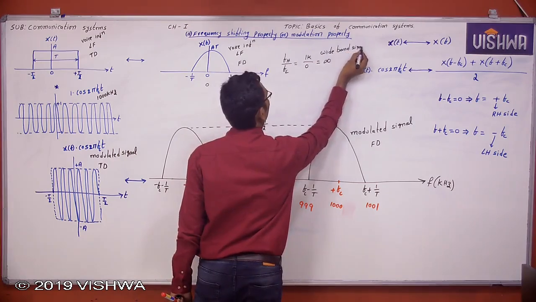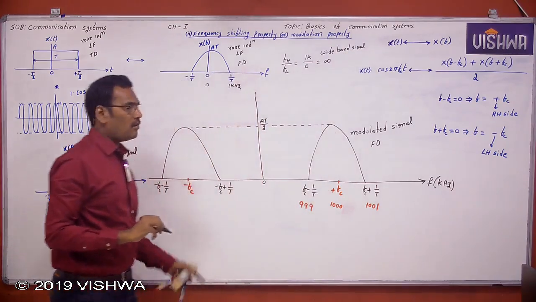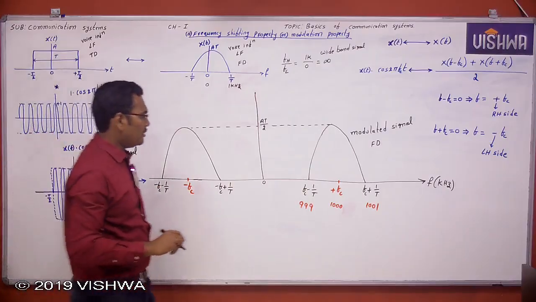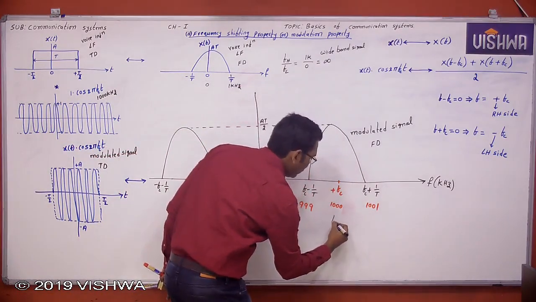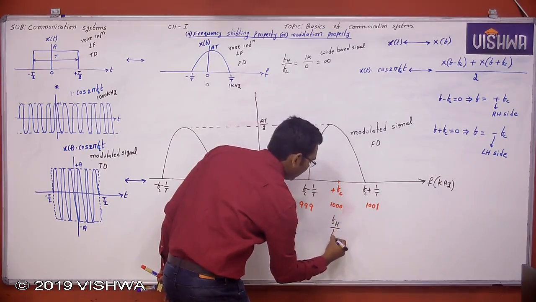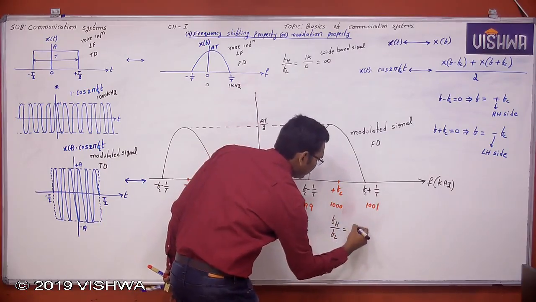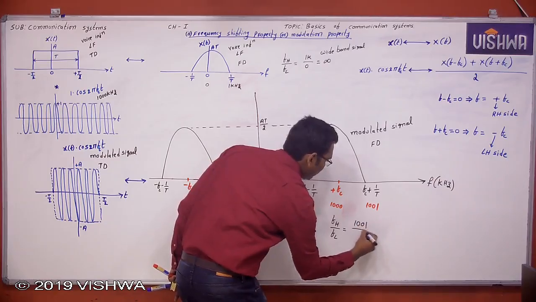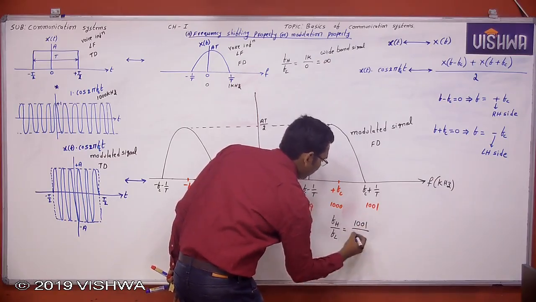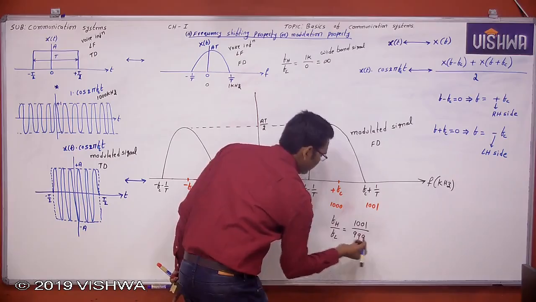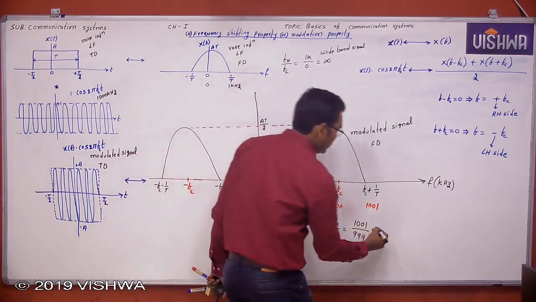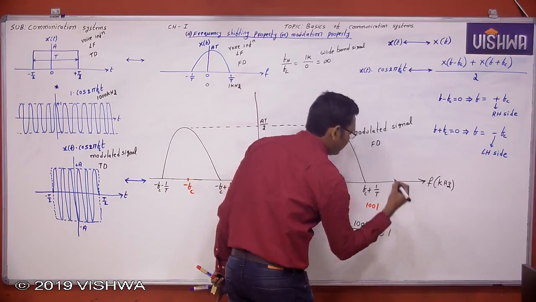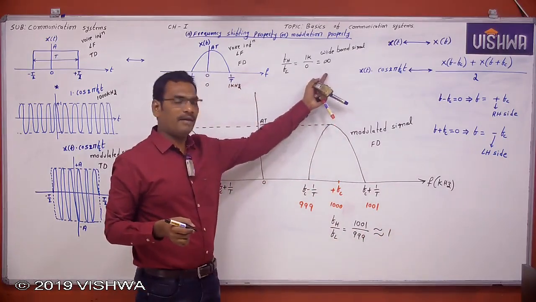Now after modulation, what is FH by FL? FH is 1001, FL is 999, so it is 1001 by 1000, approximately 1. Before it was infinite, now it is 1.